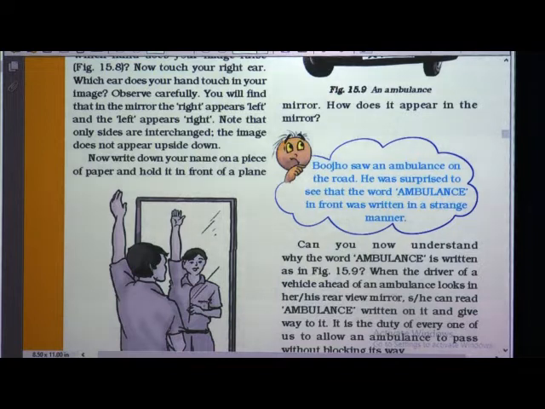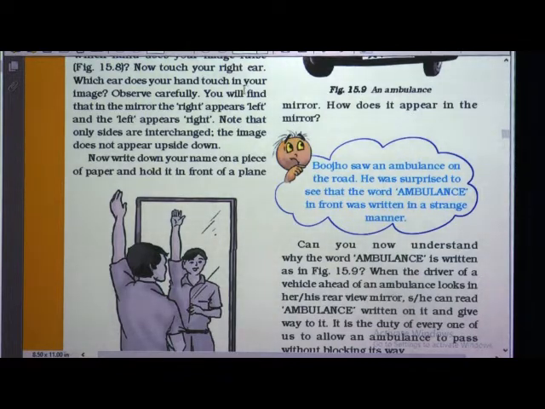You will find in the mirror that the right appears left and the left appears right. When you touch your right ear with your right hand, you will see that the image is going to touch its left ear with its left hand.